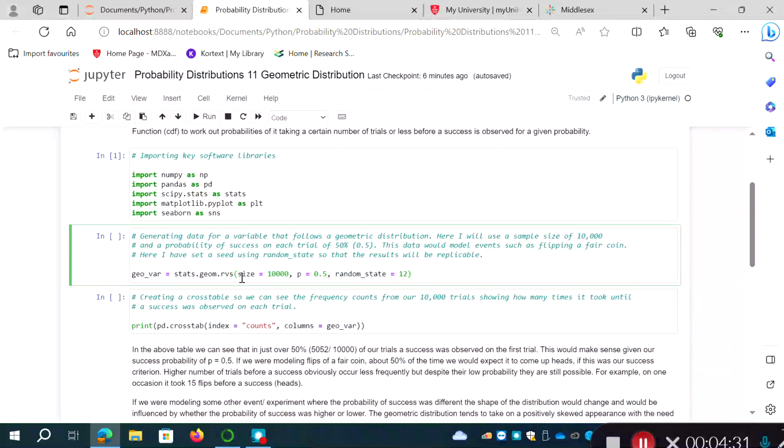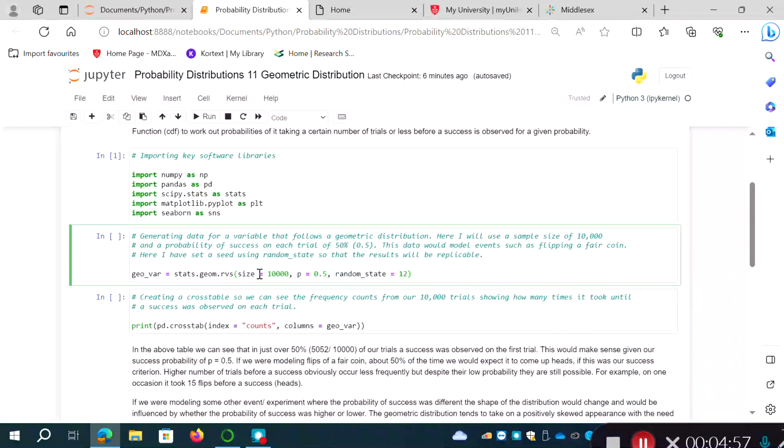And what we're doing is we're passing the size of our sample, so 10,000 observations, the probability of success on each trial, 0.5, 50%. And like I said, I'm setting random_state equals 12. I'm just setting some arbitrary number as a random seed so we can replicate these. And then this is all one line. We're wrapping that in the geometric.